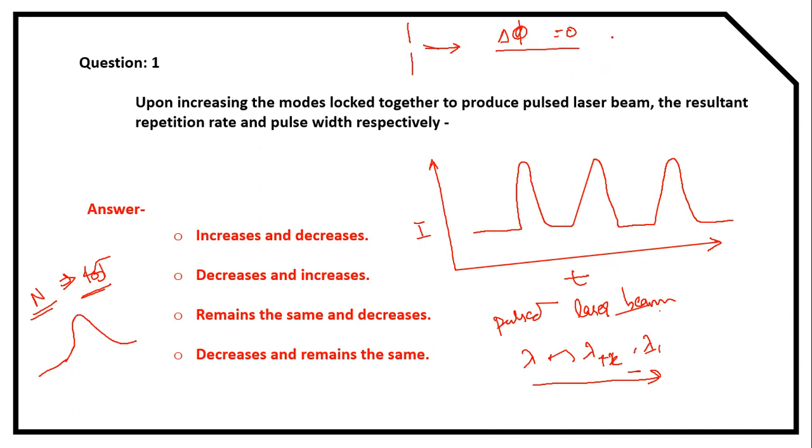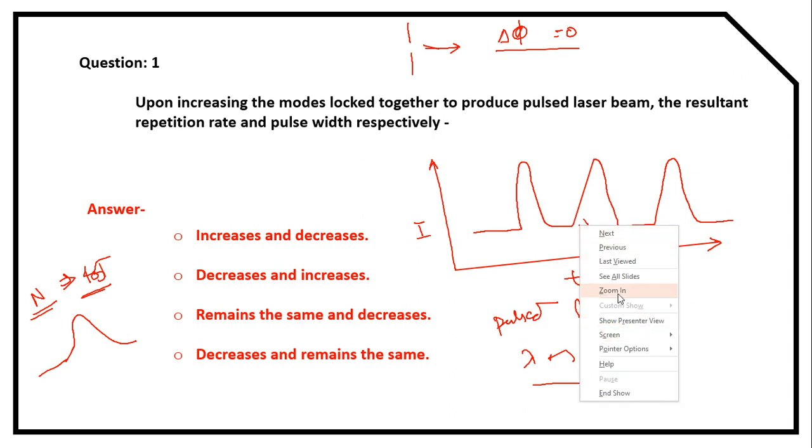Then you are able to get n number of modes which are mode locked to each other. We had also deduced equations for the relation between the number of modes, the repetition rate and the pulse width. First of all, I'll erase this because it will become a bit messy.